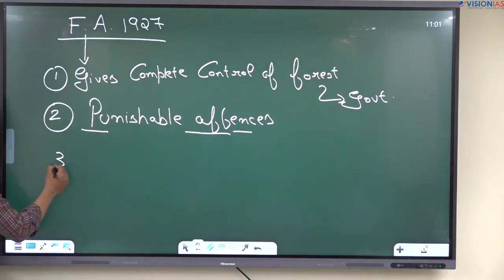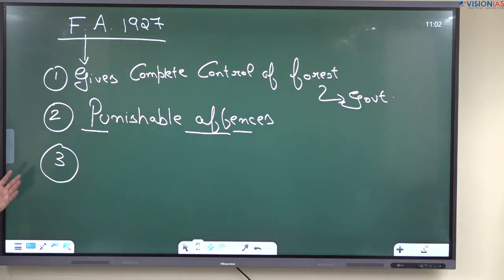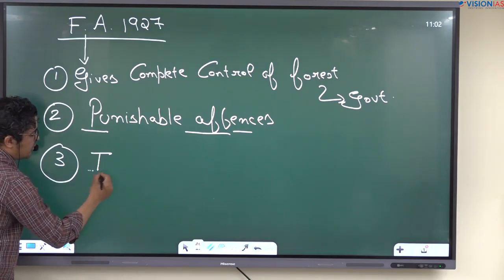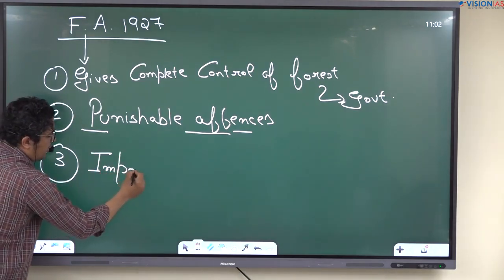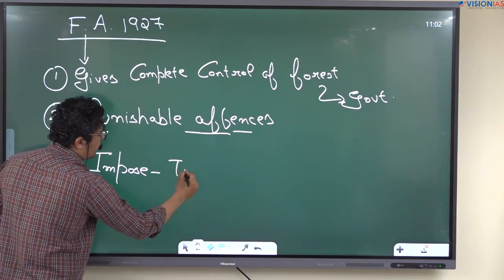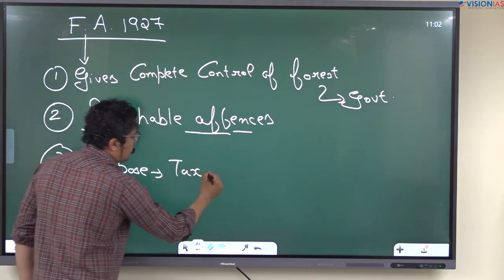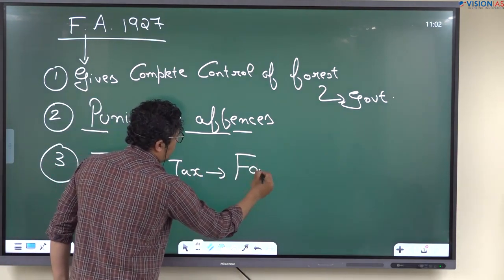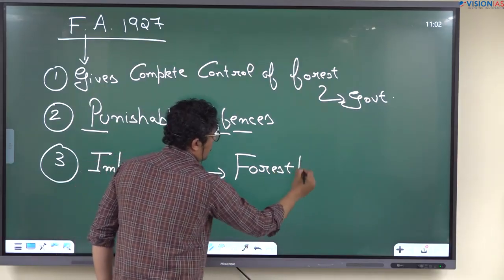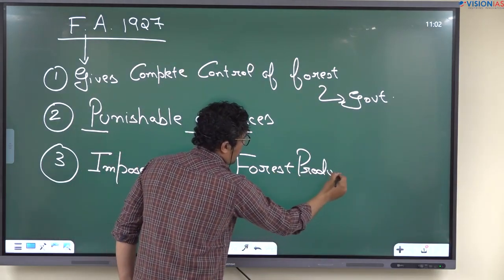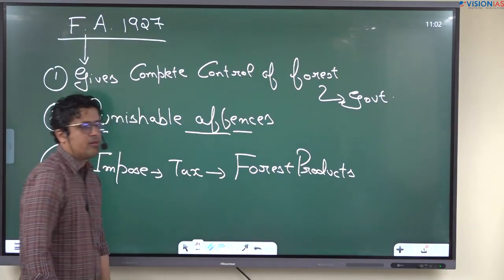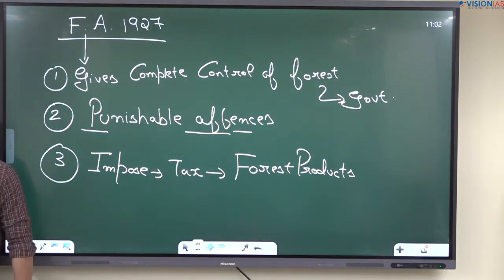Third reason why we follow this act. Why are we following an act made by Britishers? Because this act imposes tax. Tax on what? Forest products. This act imposes a tax on forest products.